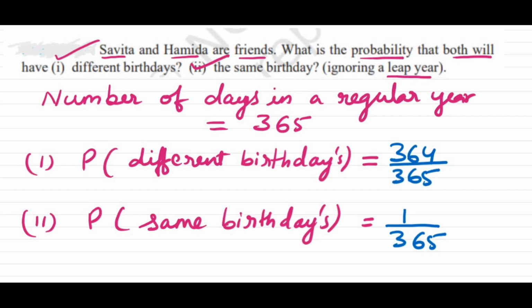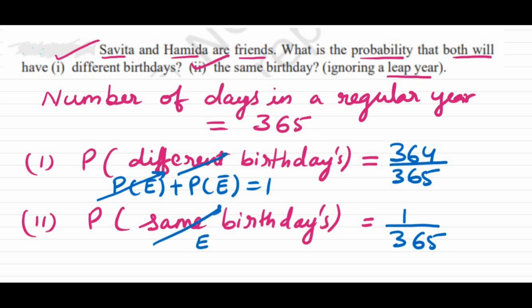The probability of different birthdays can also be calculated using the formula: probability of happening of the event plus probability of not happening of the event is equal to 1. Here, probability of both of them celebrating birthday on the same day can be considered as probability of happening of an event, and probability that they don't celebrate birthday on the same day can be considered as probability of the complementary event.